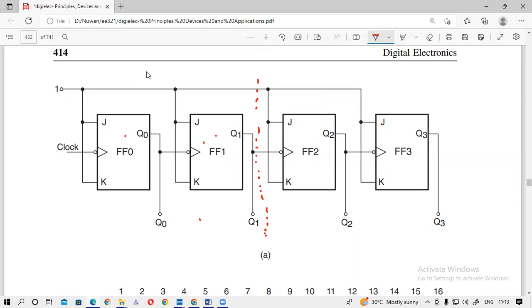I think you can remember, no? And if we send a clock pulse here like this, I ask you to find the waveform at this Q0 and this Q1. So can you do that one? Is it okay for you?